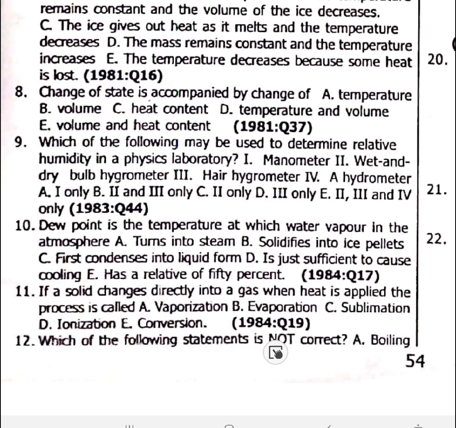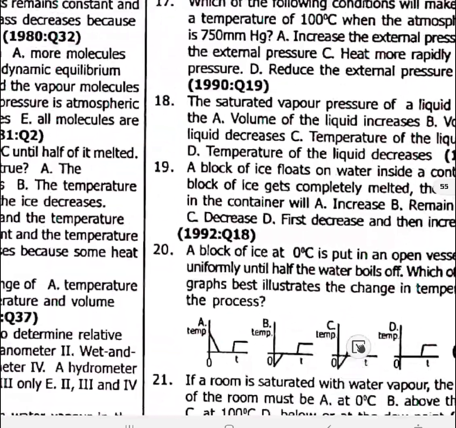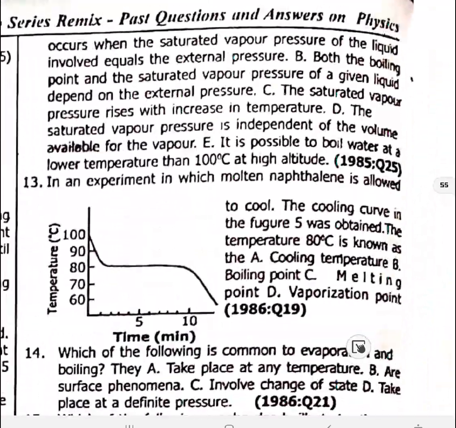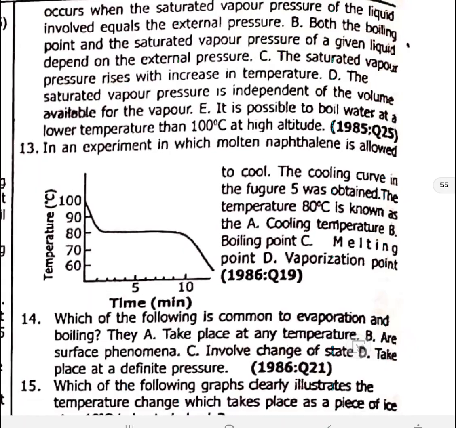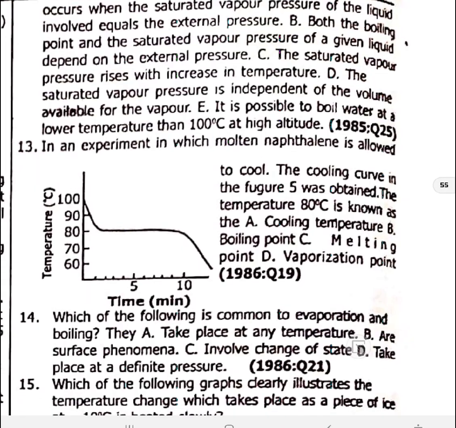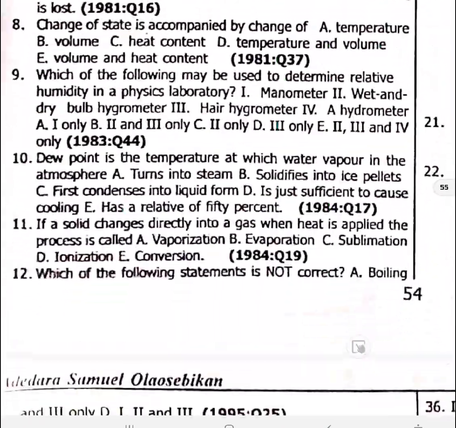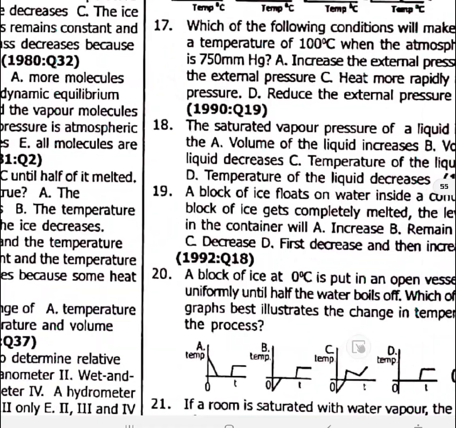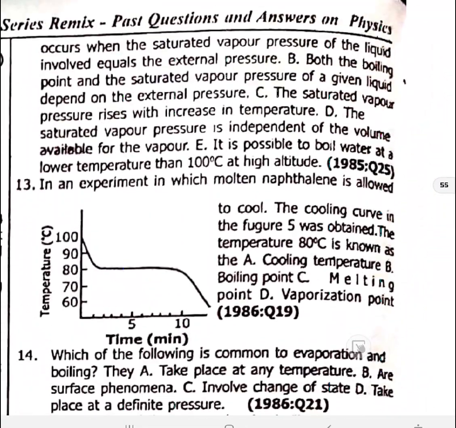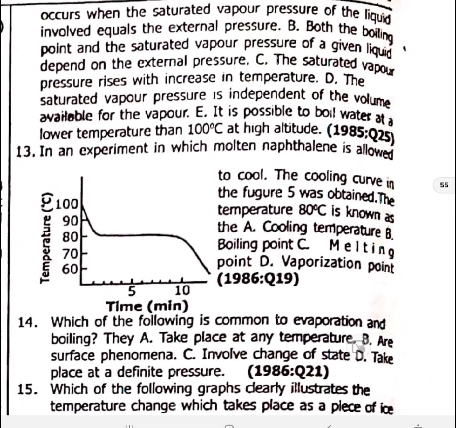Number twelve. Which of the following statements is not correct? So we are given options. A. Boiling occurs when the saturated vapor pressure of the liquid equals the external pressure. That's not correct.